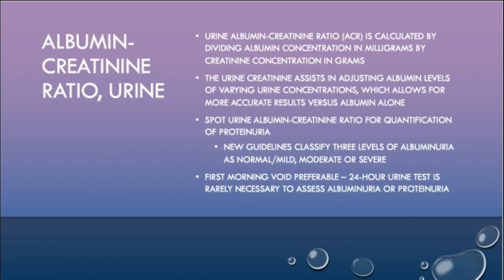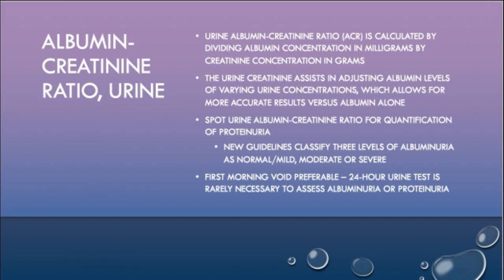But if you have somebody collecting a 24-hour urine, you can also pull separate samples from that, as long as you're not having them go right into that container. But there's different levels and things that we can check, and that first morning void actually gives us a lot of great detail.